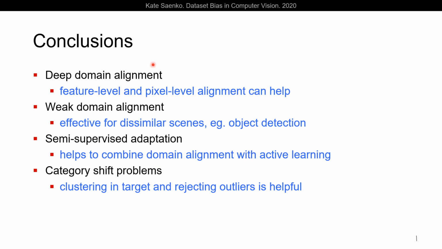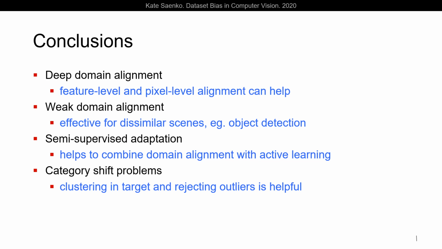So this brings me to the end of my talk. Just briefly to conclude, I've described the problem of domain bias or dataset bias in computer vision, and I've talked about a few techniques for dealing with domain bias based on domain alignment. I showed that feature level and pixel level alignment can help using adversarial alignment techniques.